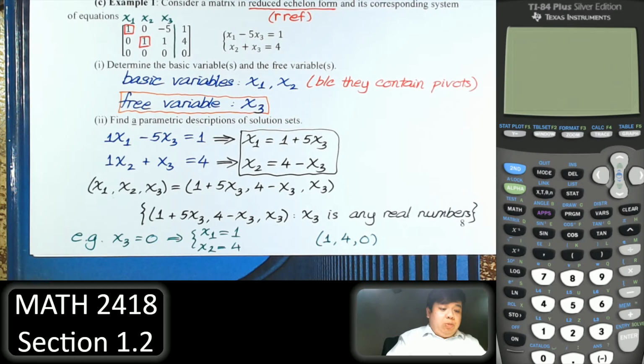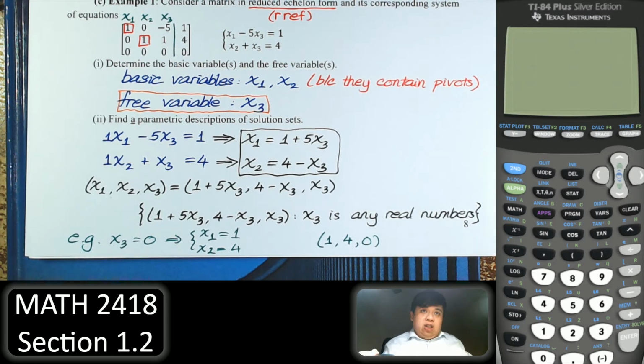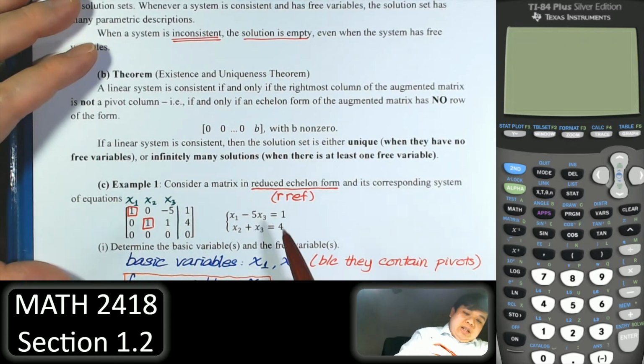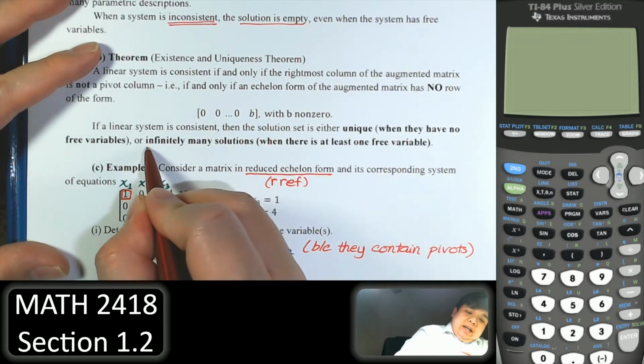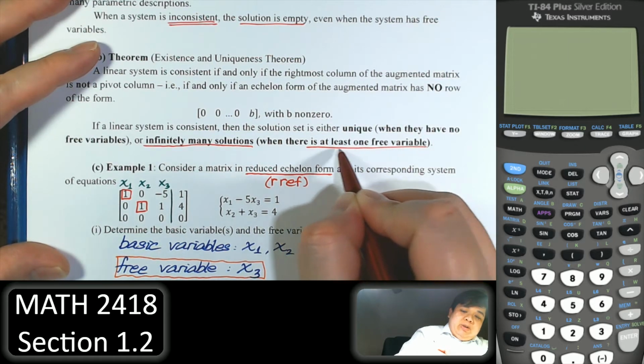So if we pick one value for x3, we have a particular solution. So this one has infinitely many solutions. Why do we know this? It has infinitely many solutions because it has a free variable. Right, that's the last part here. Infinitely many solutions, at least one free variable.